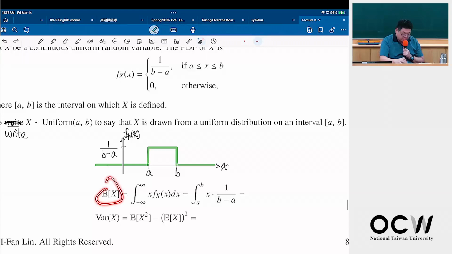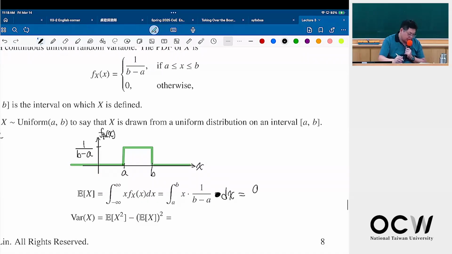To find the expectation, consider all possible outcomes times their weightings, which is the PDF. I didn't notice that it should be dx. Okay, so it should be (a plus b) divided by 2.